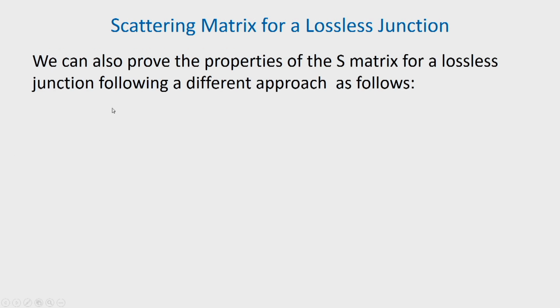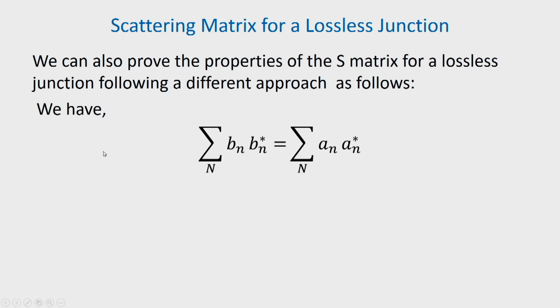Now, whatever we discussed so far regarding the properties of the lossless junction can be derived using a different approach, which is as follows. For a lossless junction, summation of B n B n conjugate is equal to summation of A n A n conjugate.